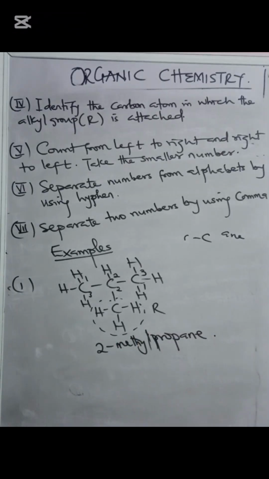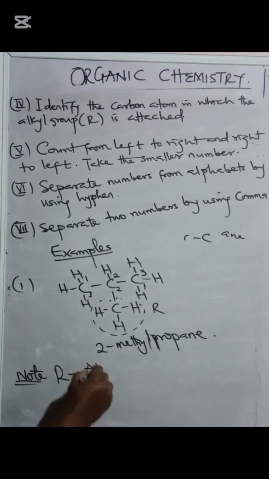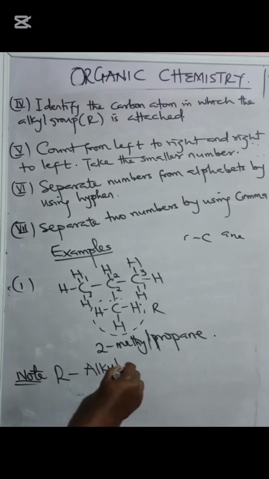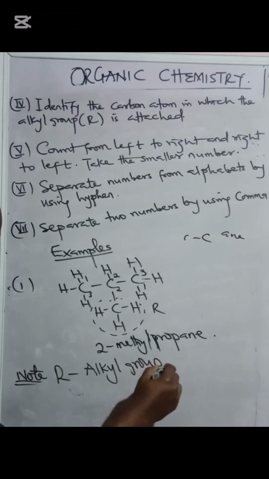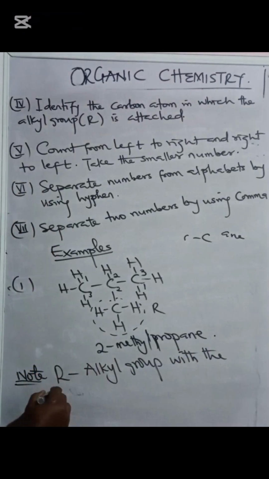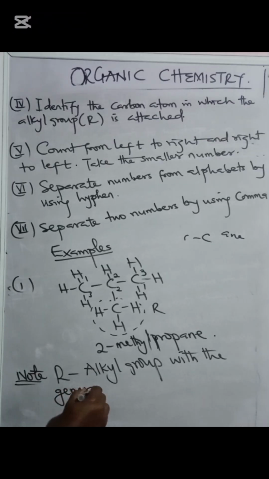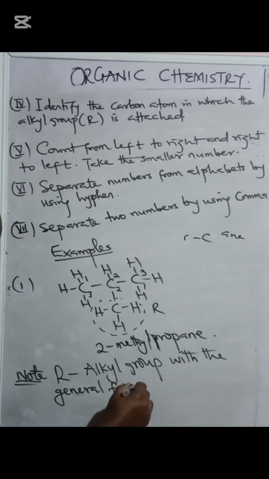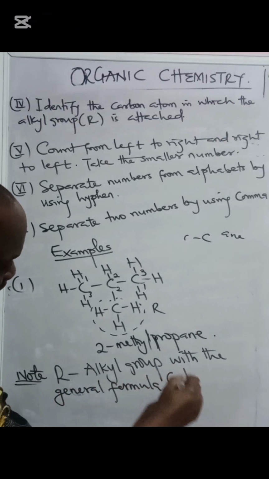But take notes. R represents the alkyl group, with the general formula CnH2n+1.